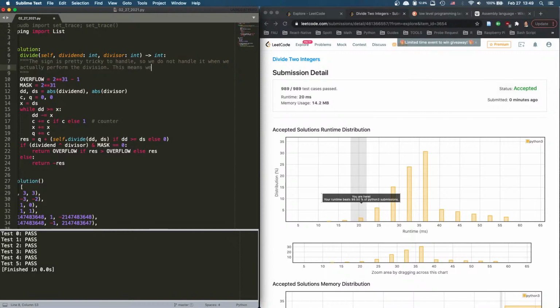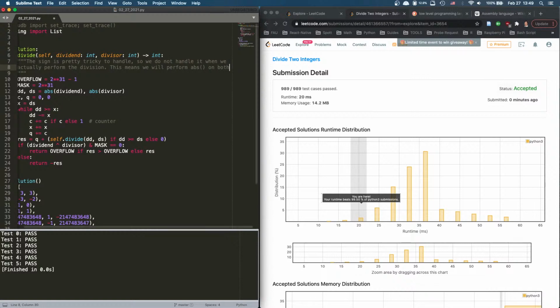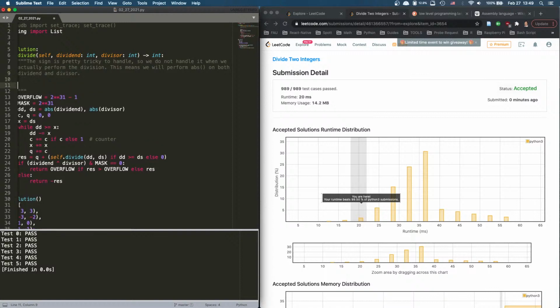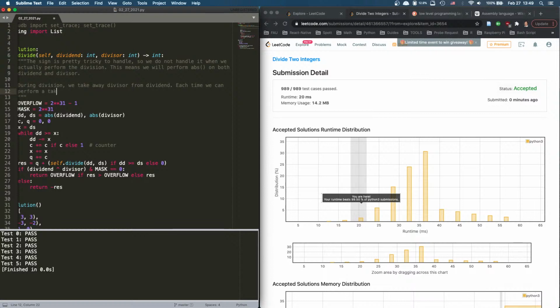This means we will perform ABS on both dividend and divisor. During division, we take away divisor from dividend. Each time we can perform a takeaway, we double divisor.